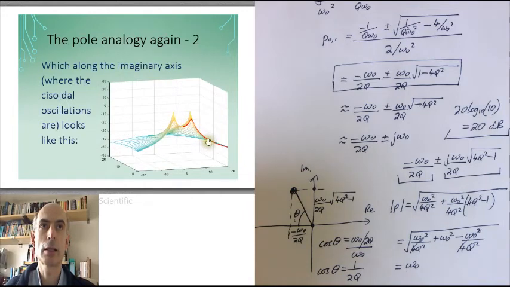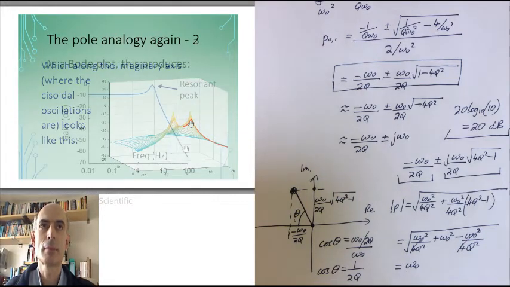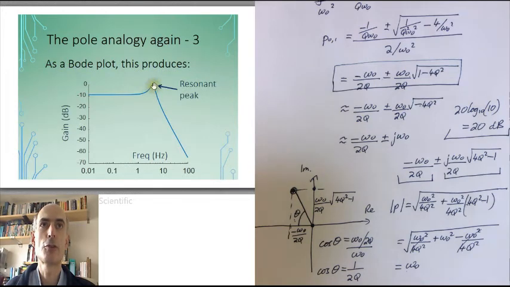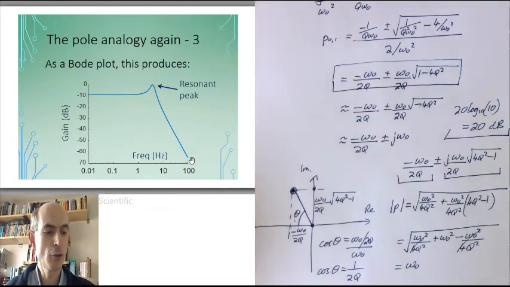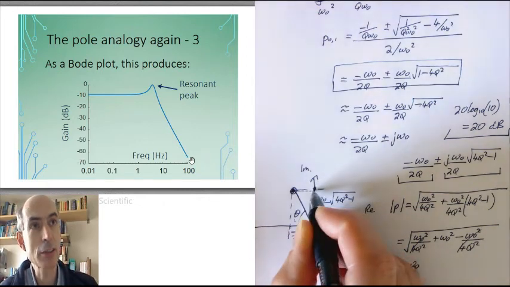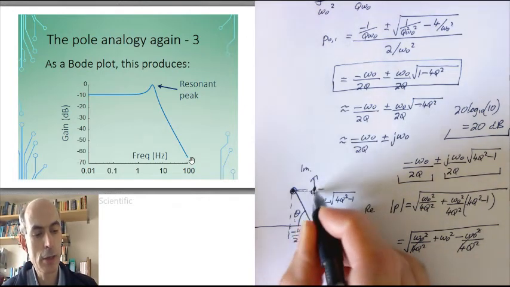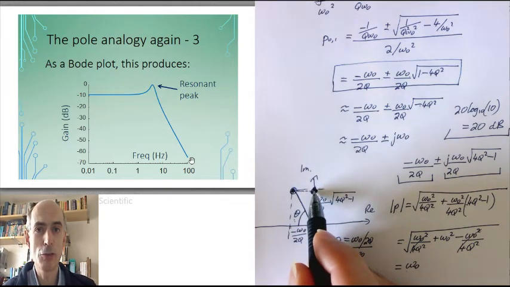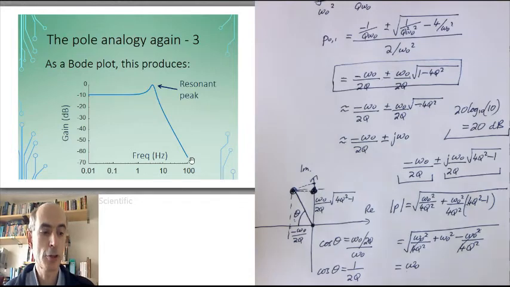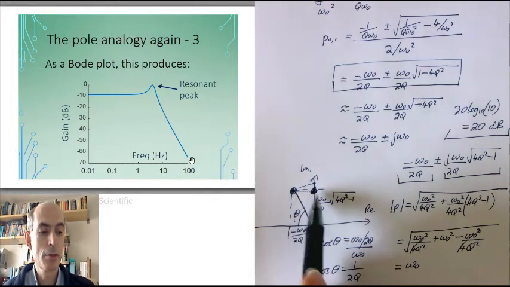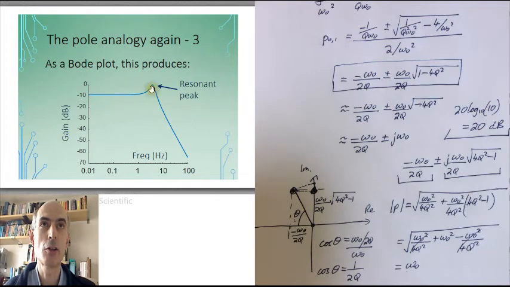Plotting what it looks like for a frequency moving up the imaginary axis, we get this peak here, which directly corresponds to the resonant frequency. And you may notice that the maximum magnitude will occur at this point here, which is actually slightly below the resonant frequency. But as the Q factor gets higher and higher, the position of the maximum value of gain approaches the resonant frequency, but it never exceeds it.